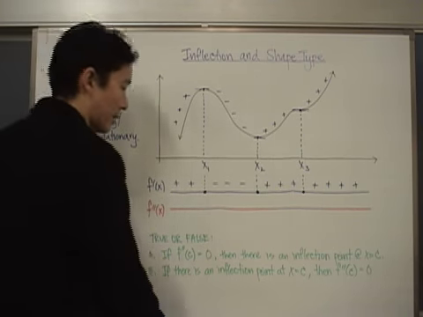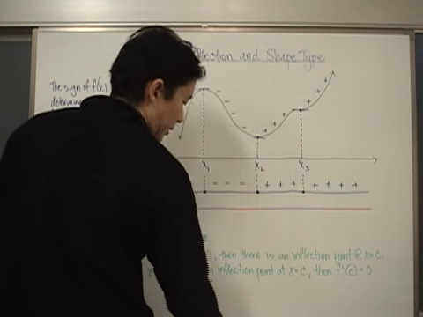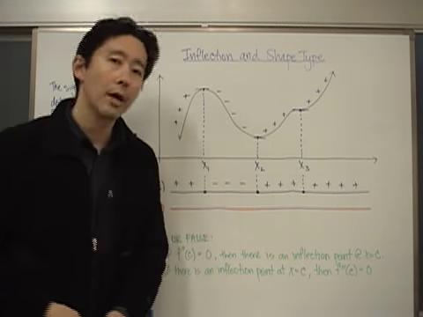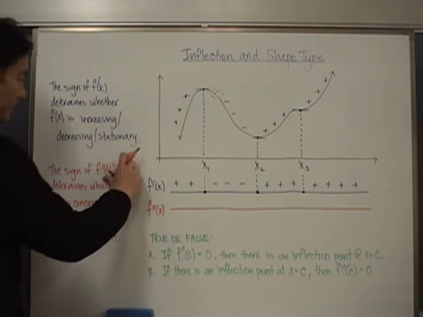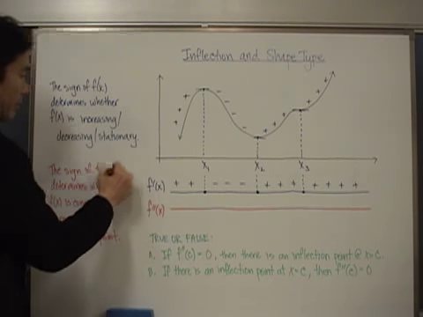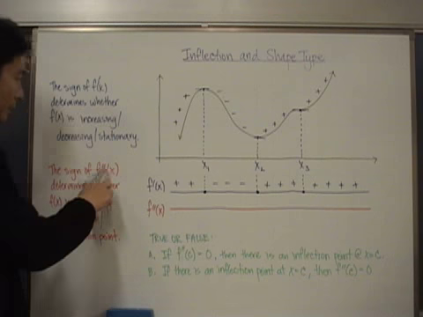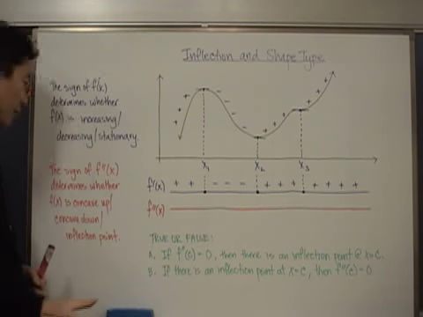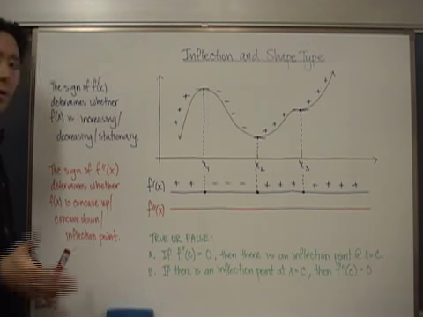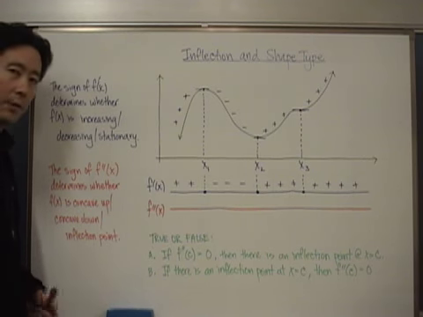So let's talk a little bit more about what these inflection points are and what f double prime is. The sign of f double prime of x determines whether f of x is concave up, concave down, or whether there's an inflection point there.